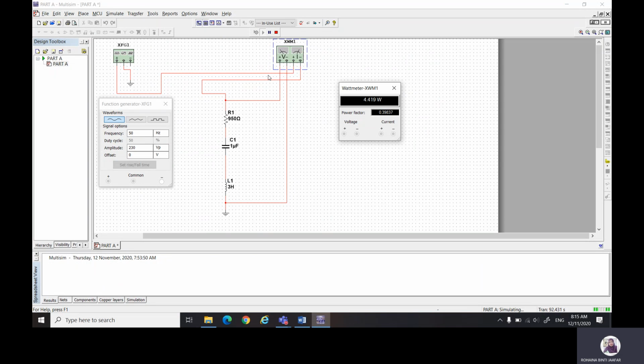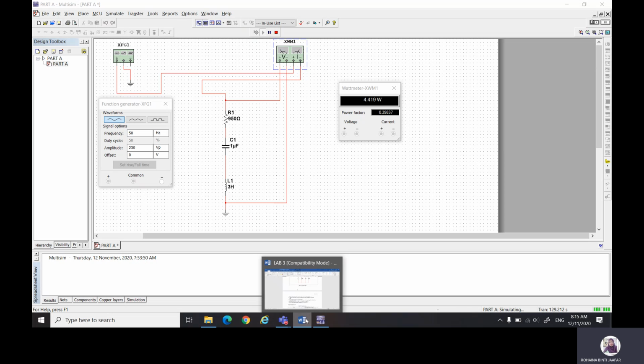About the lab assessment: next week, we will do the lab assessment according to your slot. I will strictly start the lab assessment at 8 a.m. So make sure before the lab starts, you have already finished all the simulation for both parts.